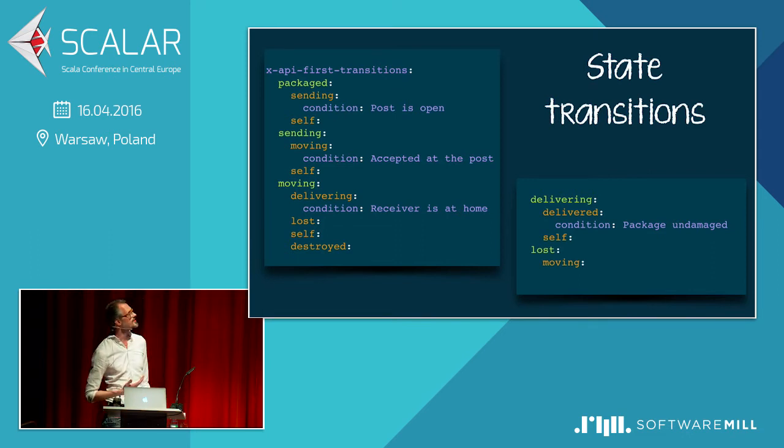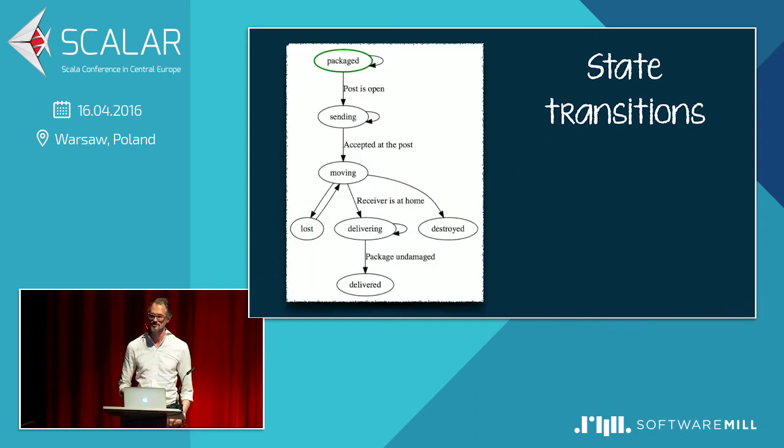And in such a specification, you can encode such a state machine. In this part, we extended the Swagger specification with a state machine specifically for the allowed transitions for a resource. States can be packaged, sending, moving, delivering, lost, and also the state transitions from one such state to the other state. Visually, it looks like this.